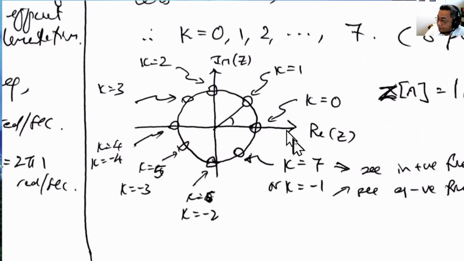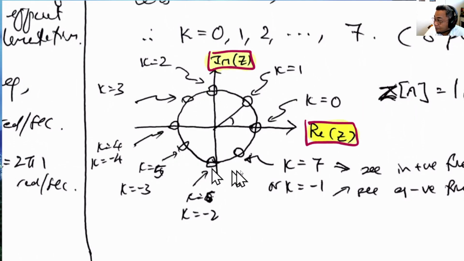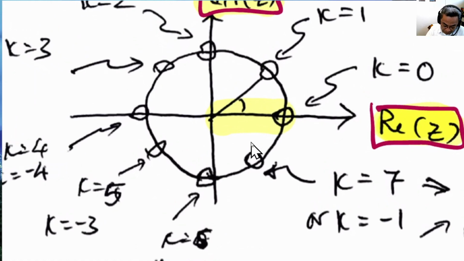Here it is the complex plane, and I'm going to sketch the unit circle.